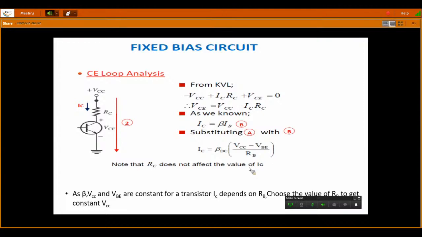Whereas here the collector current passing through the collector terminal of the transistor is not dependent on the load resistor or the collector resistor connected at the collector. Here beta, VCC and VBE are constant for a transistor, and IC depends on RB. So choose the value of RB to get a constant IC.